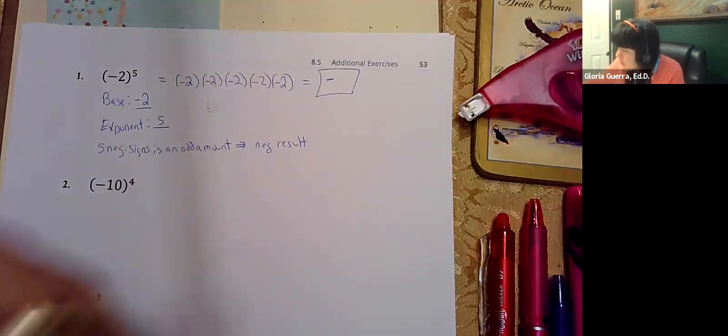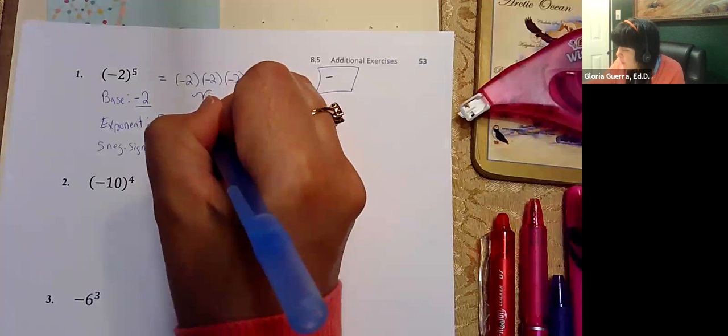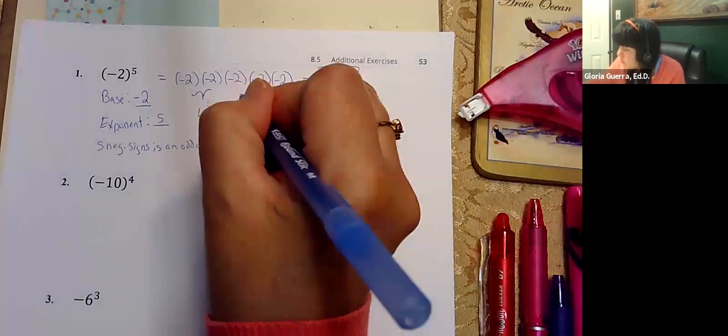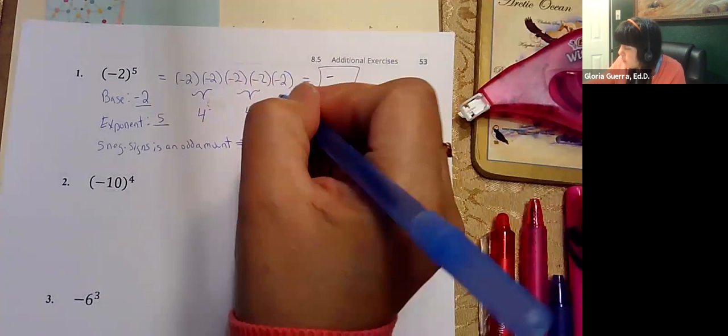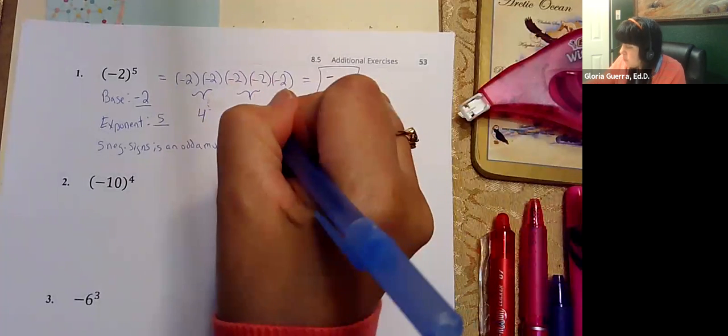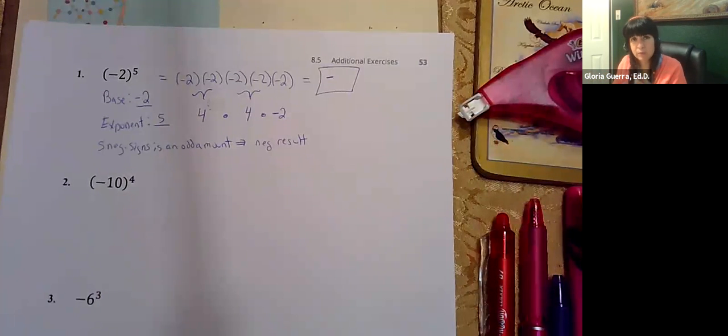And then we'll do this 2 at a time. -2 times -2 is 4. And then you bring this down, so you've got 4 times 4 times -2. That's one way you can do it, pairing them 2 at a time, since multiplication is commutative.